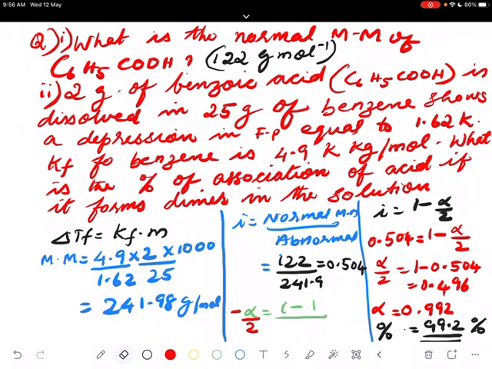Right, then what is i? i is equal to, I'm bringing that 1 here. So on the left hand side, it will be 1 minus alpha by 2. So i is equal to 1 minus alpha by 2.